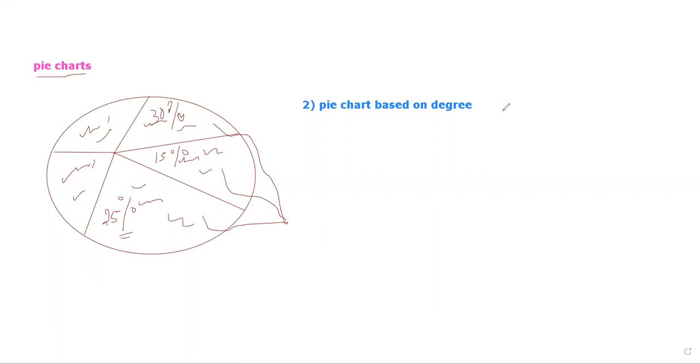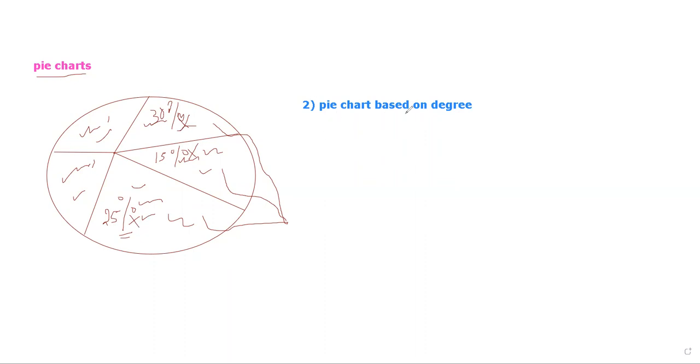But in this type of pie chart, the data is not given in percentage. Clear? Then how is data given here? Remember that you can make a new circle for that. Don't draw in this circle; make a circle on your own in your notebook if you want.